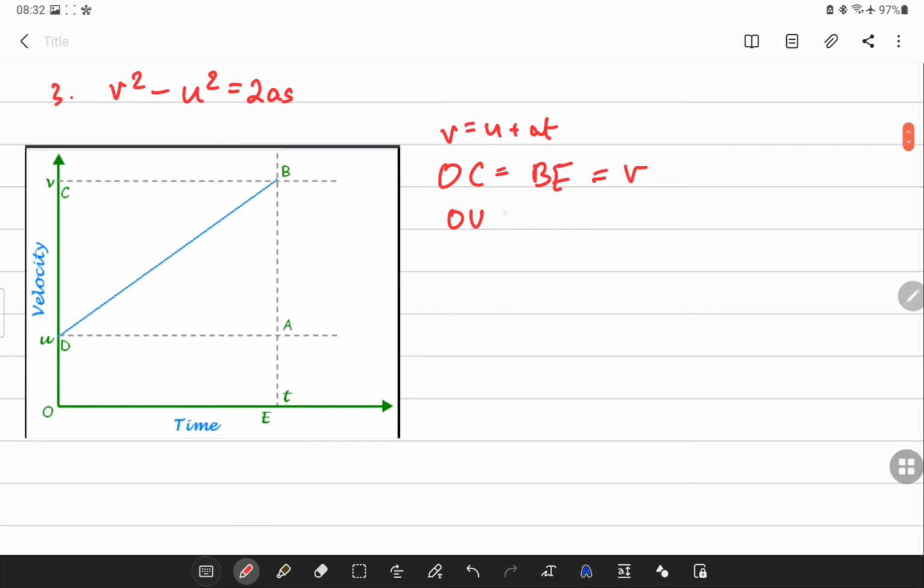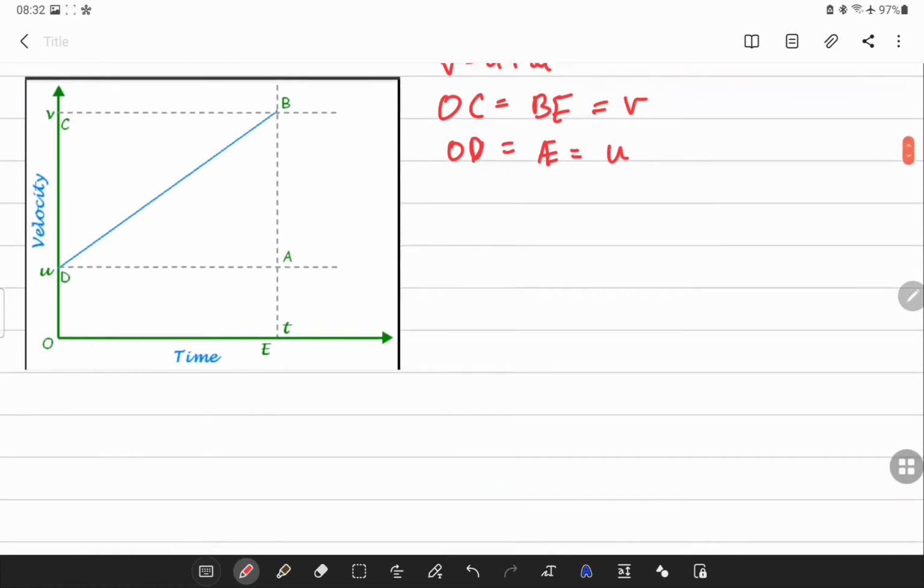Then OD is equal to AE, which is equal to the initial velocity. Now OE is equal to time.